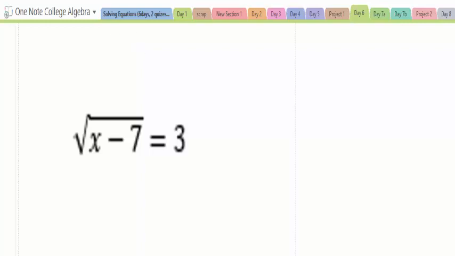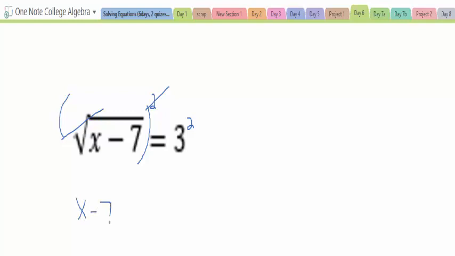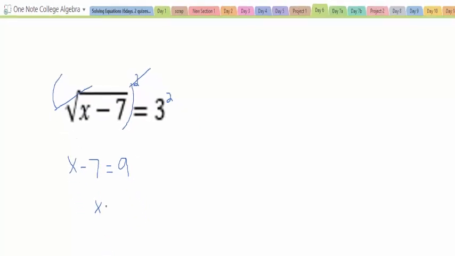So the first thing we're going to do is square both sides. When I square the left side, the square cancels the radical symbol. So then I have x minus 7 left. And 3 squared is 9. Last thing I do is add 7 to both sides and find that x equals 16.